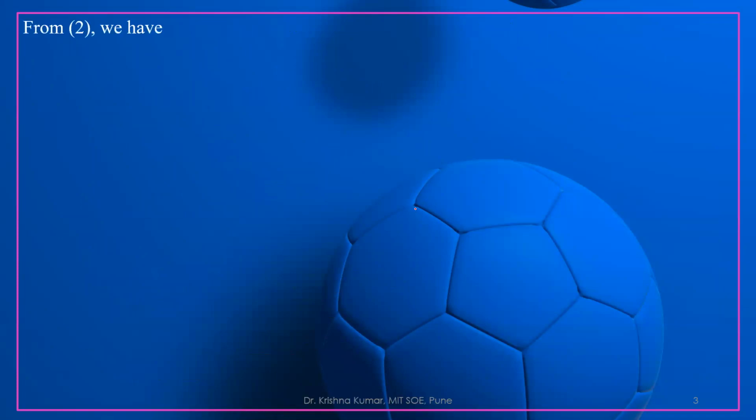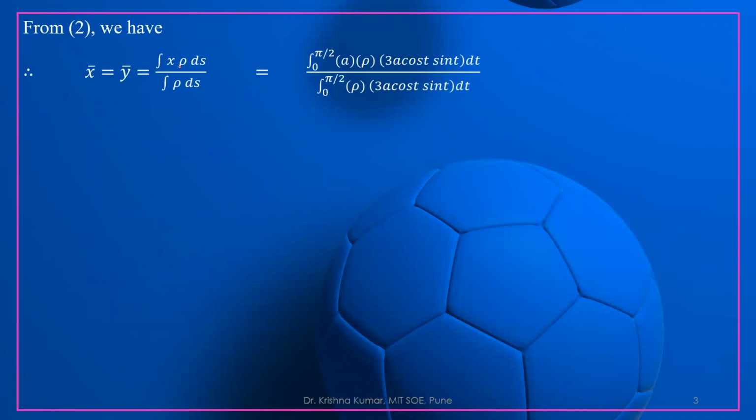So from the formula, we have x bar is equal to y bar is equal to the integration of x rho ds divided by the integration of rho ds. What is the limit of t? The limit of t is 0 to pi by 2.